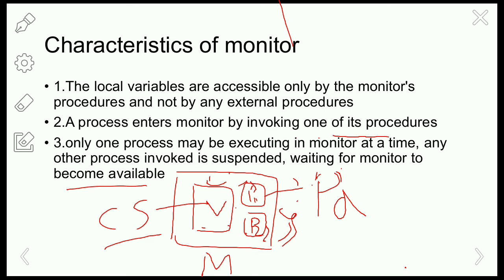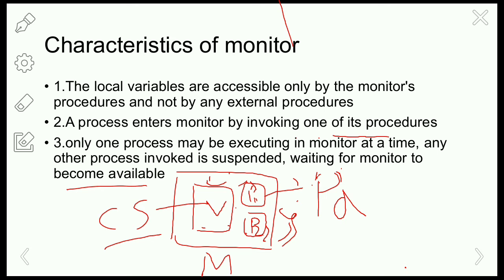Okay, while it is accessing the shared variables, if any other process, that is PB, wants to enter the monitor, then it is not allowed to enter into the monitor because PA is already there using the shared variables. So while PA is executing in the critical section, if any other process tries to enter the monitor using the available n number of procedures in the monitor, it is not allowed to do so.